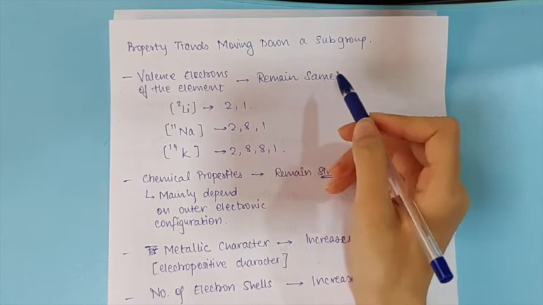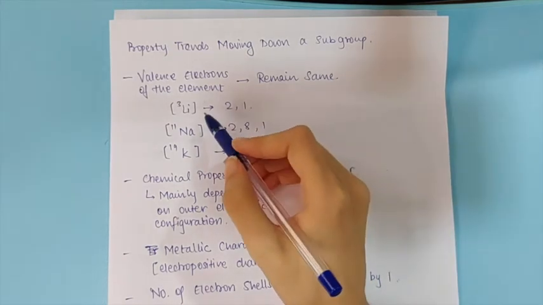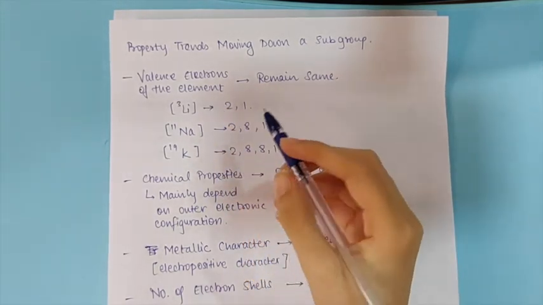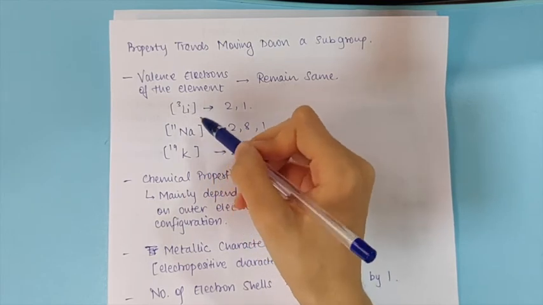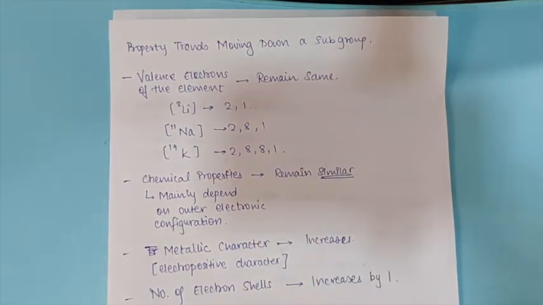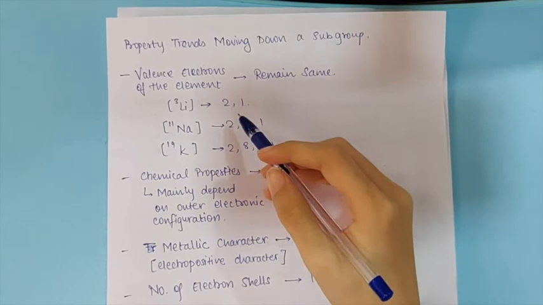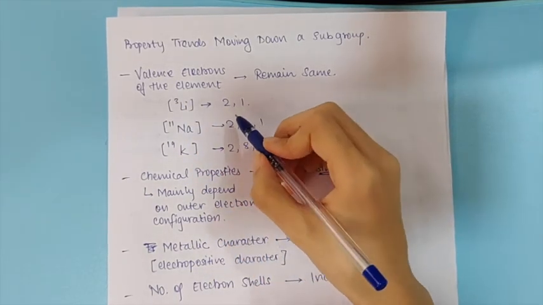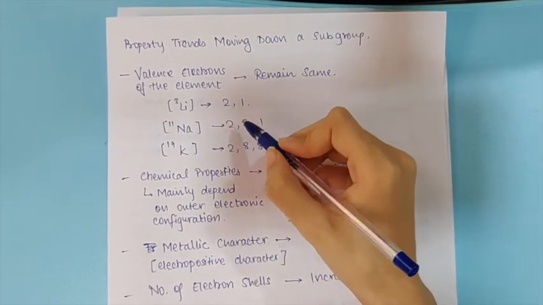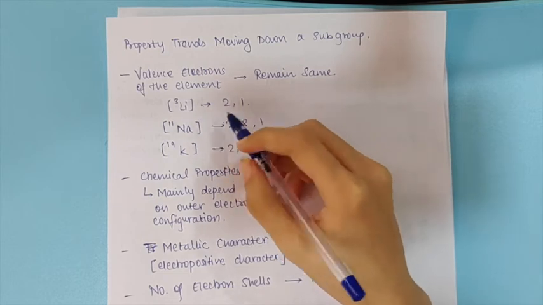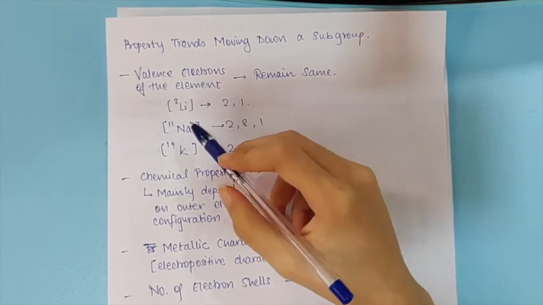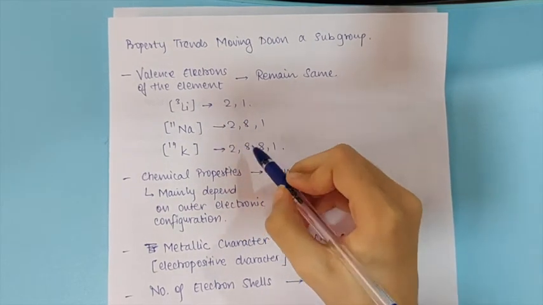They remain the same. For example, if we take group 1, which has lithium, sodium and potassium in it, as we see the electronic configuration, for lithium it's 2, 1. For sodium it's 2, 8, 1.